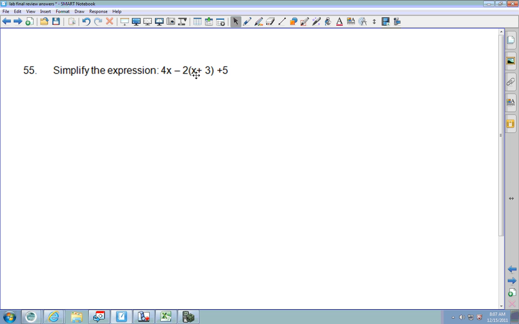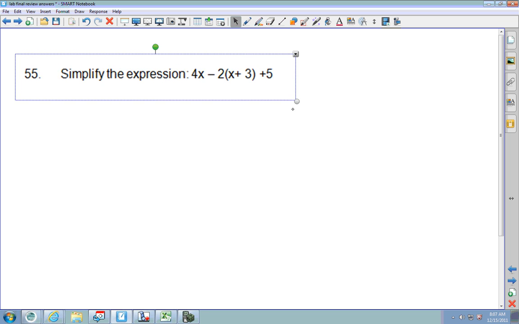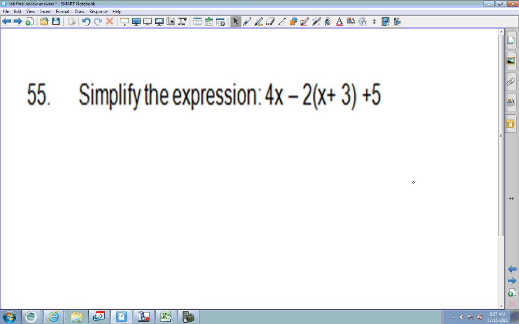Simplify the expression. Well, let me make that bad boy bigger. All right. What's the first thing you need to do? In order of operations, it's parentheses. So let's do the distributive property right here. I've got 4x, negative 2 times x, negative 2x, negative 2 times 3 is negative 6.